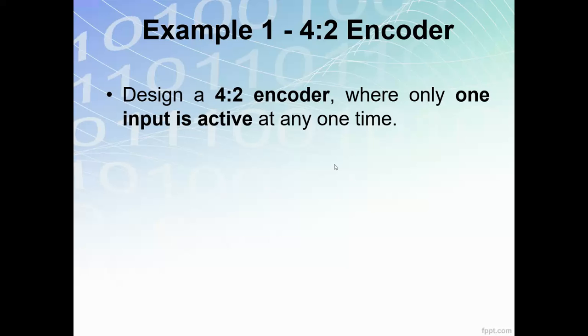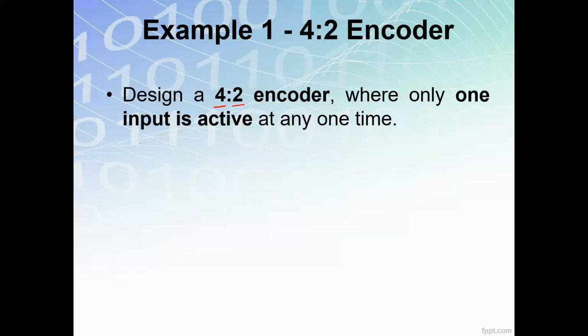So this is example of 10 to 4 encoder. Then kalau kita pakai 4 to 2 encoder meaning you have 4 inputs where only one input is active at one time. Okay, so kalau 4 to 2 encoder means 4 inputs with the 2 outputs.